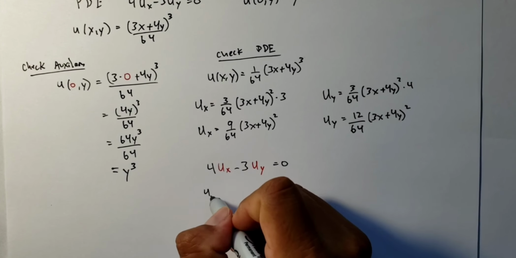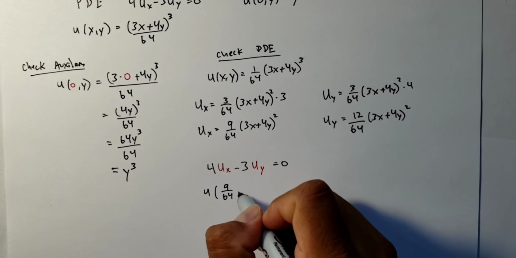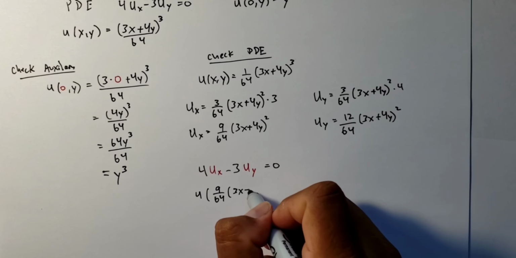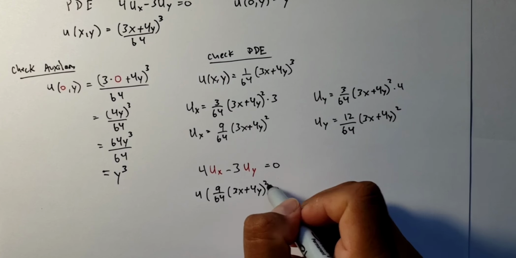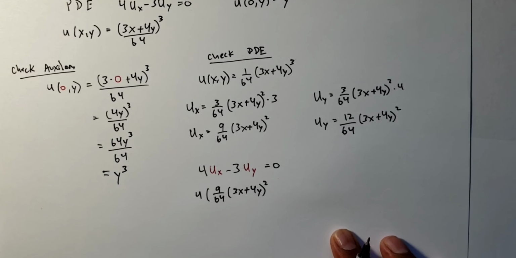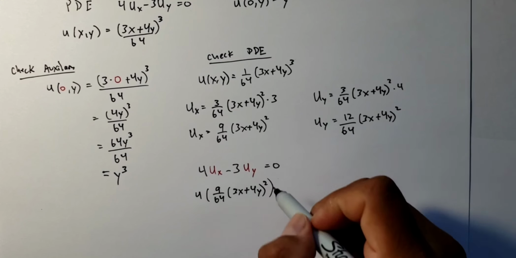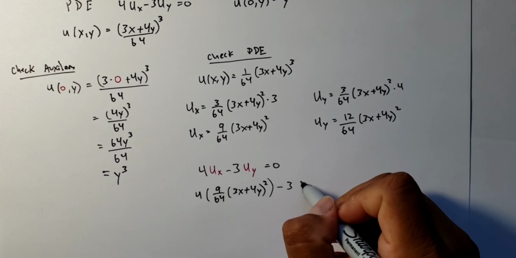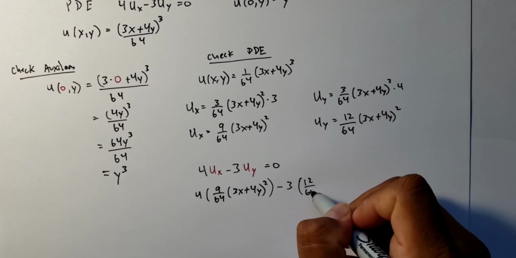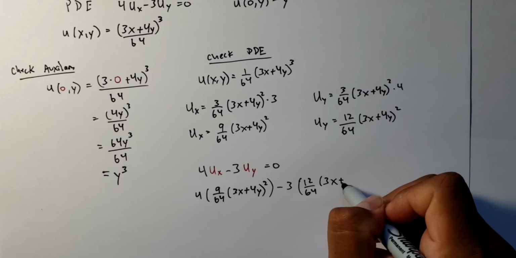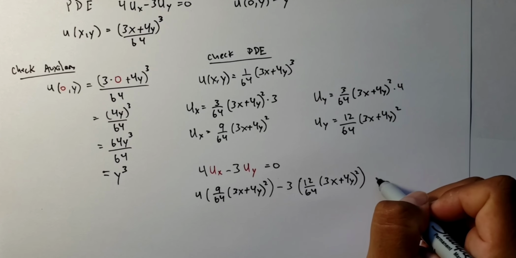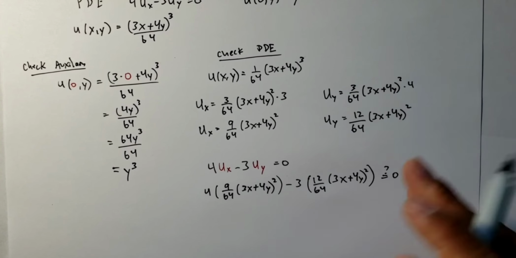So we end up with 4 times (9 over 64)(3x plus 4y) to the power of 2, minus 3 times, and u sub y is 12 over 64, (3x plus 4y) squared. Is that equal to 0?